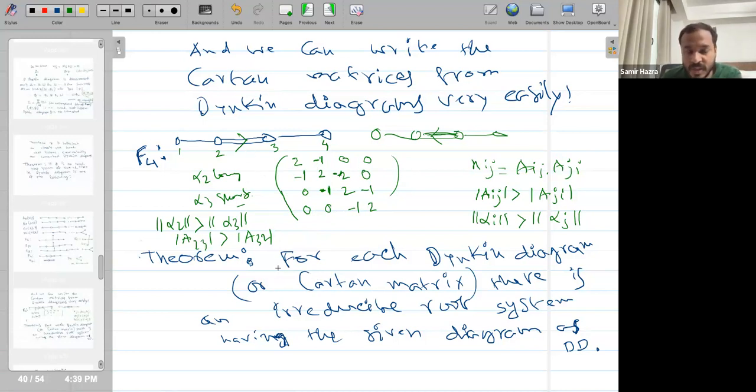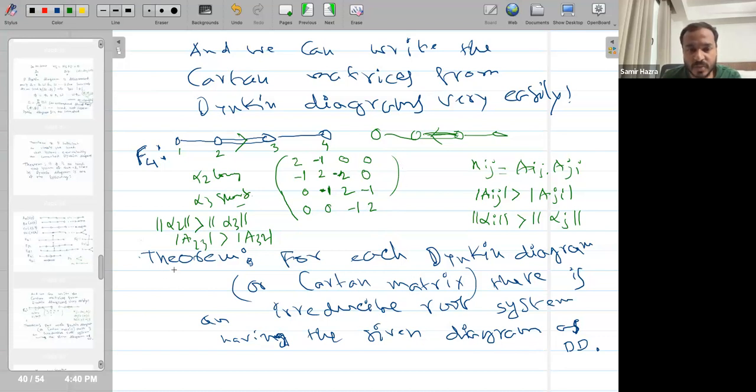Well, so this can be given in a theorem. For each Dynkin diagram or Cartan matrix, there is an irreducible root system having the given diagram as its Dynkin diagram. So basically, we do not know whether for a given Cartan matrix or a given diagram, there is a root system from which it comes.